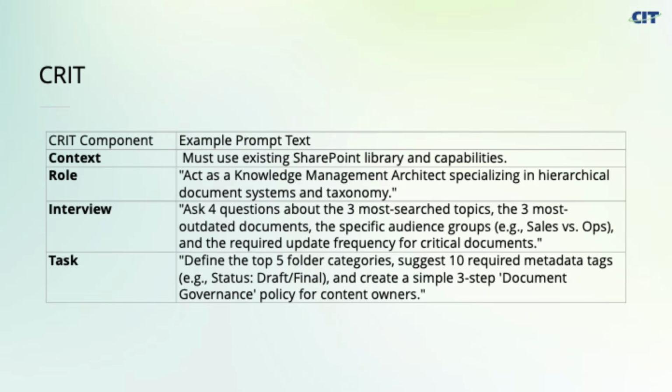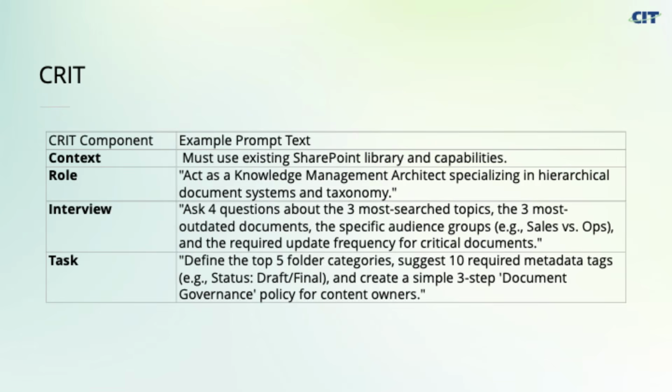Now, if maybe you don't know how to define the role or what role you're hoping it would play, this is an excellent use case for using AI to help you ideate and have a list of these roles before entering the CRIT prompt. Getting back to the framework, next comes the interview section. A set of targeted questions to gather insights, such as ask 4 questions about the 3 most searched topics, the 3 most outdated documents, the specific audience groups, and the required update frequency.